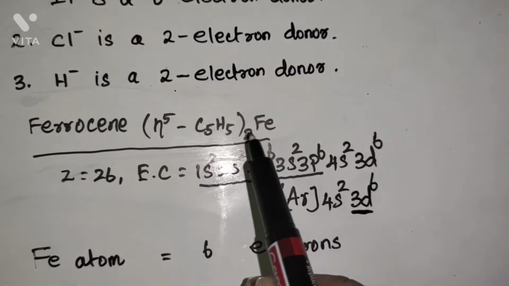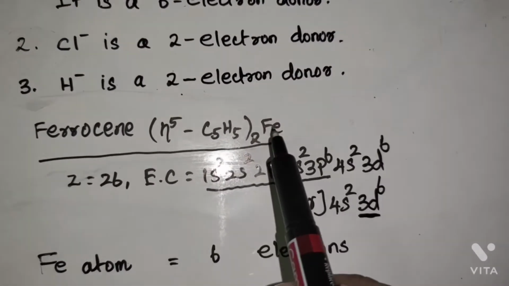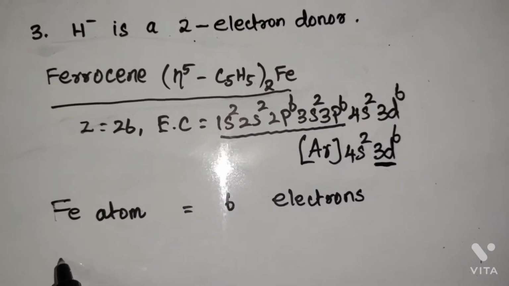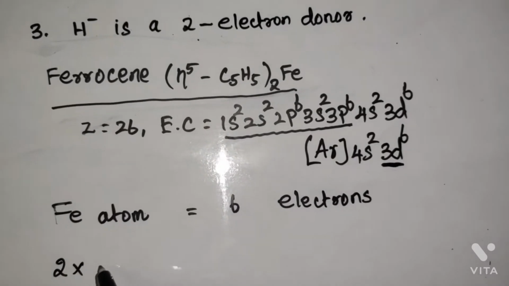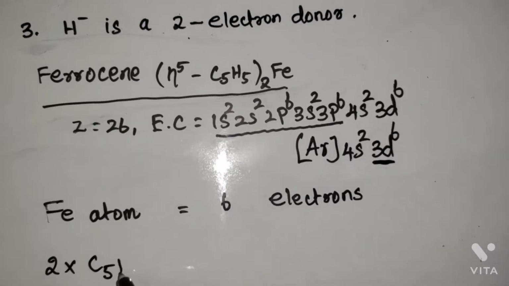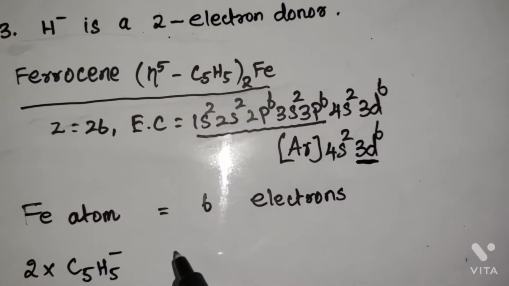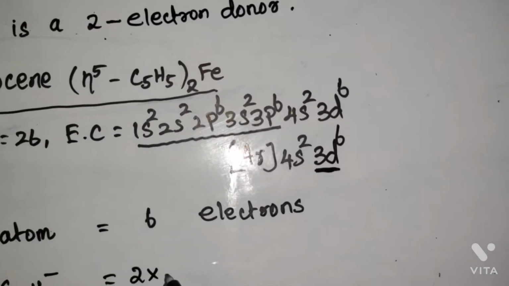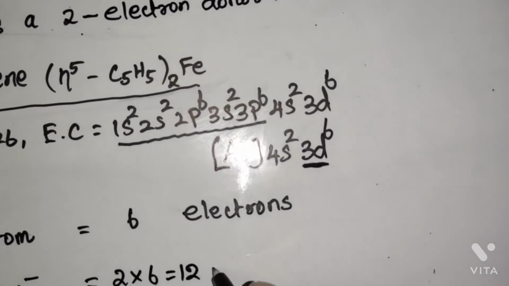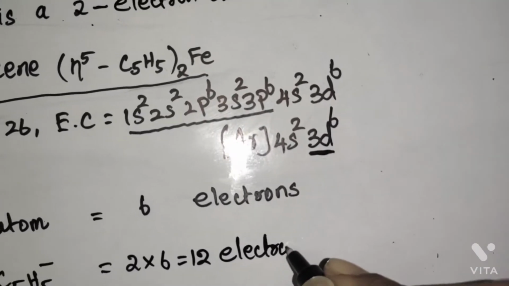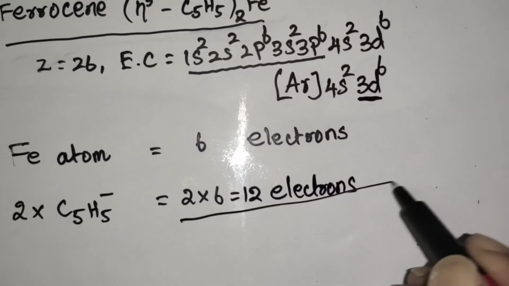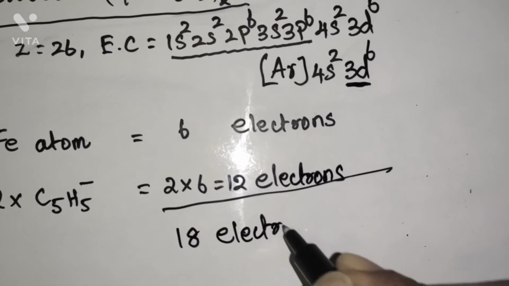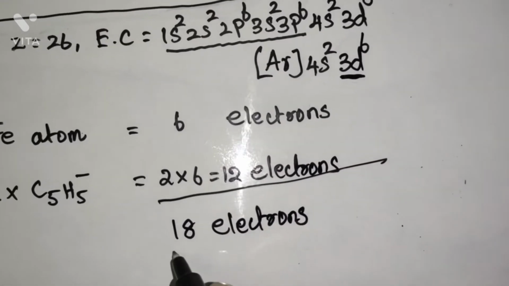Therefore, 2 cyclopentadienyl C5H5- rings give 2 into 6 equals 12 electrons. Now, a total of 18 electrons are present in the ferrocene compound.